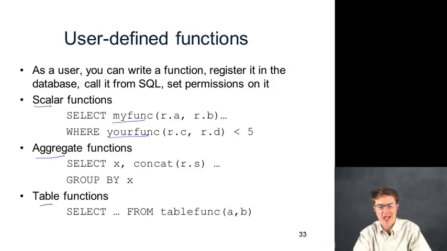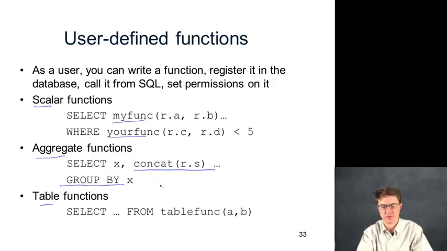Okay. An aggregate function appears in the select clause only and is always associated with a group by. And so here I've kind of indicated perhaps a common aggregate function that users define when it's not available built in, and often this one isn't, is concatenate.